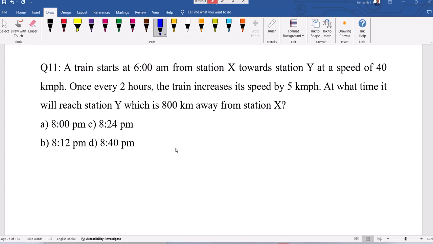Right. Now see at what time it will reach the destination. See the question clearly.